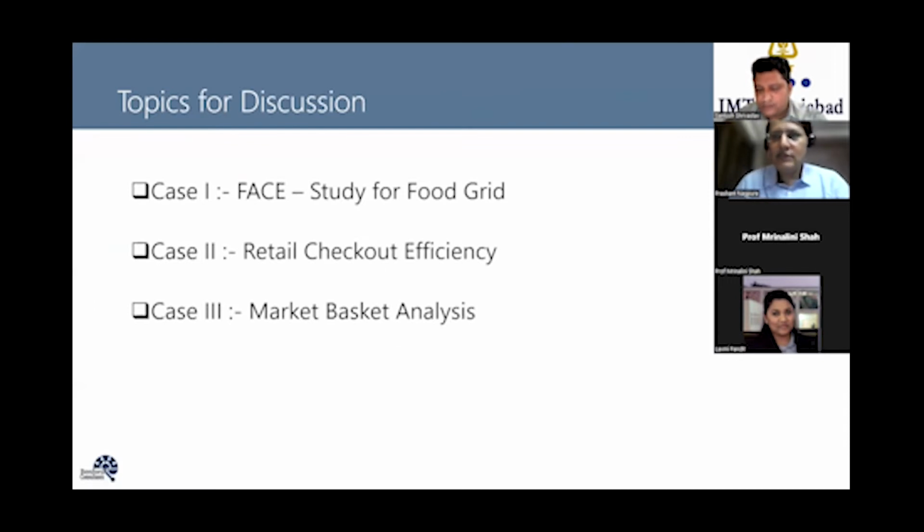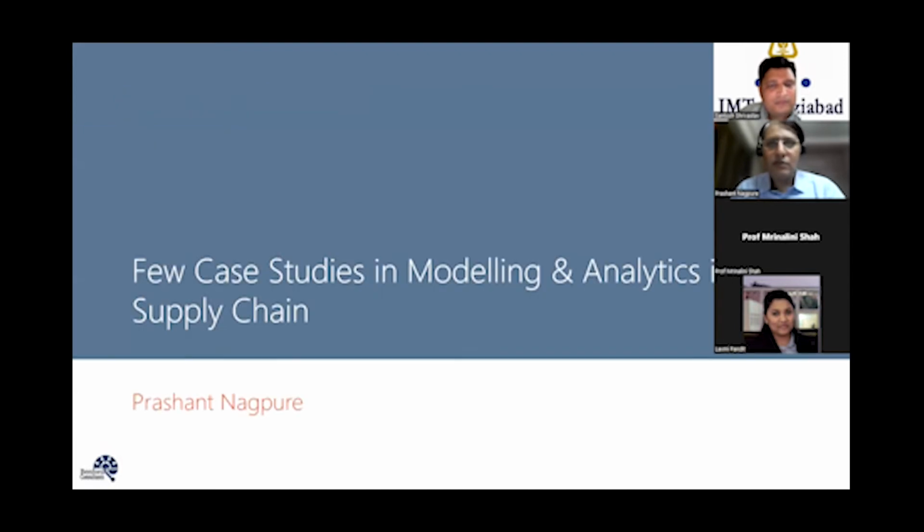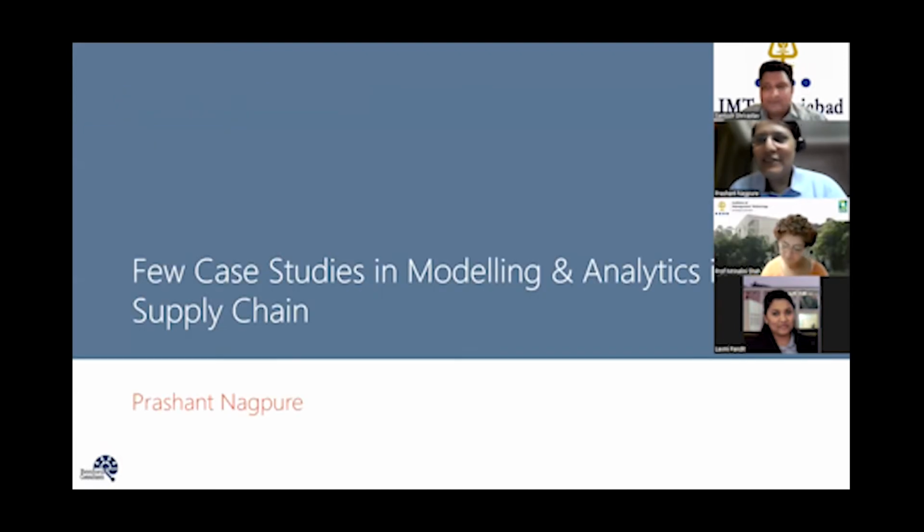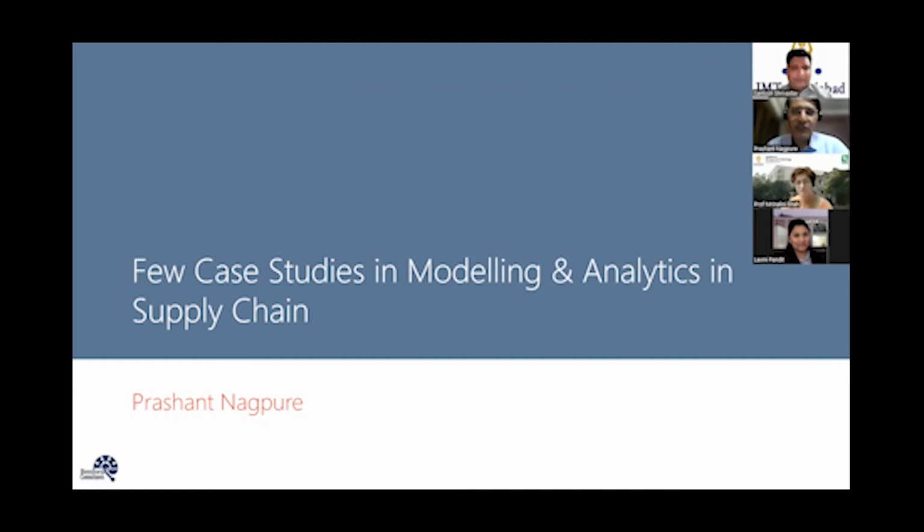Rather than short cases, I changed the term to a few cases. The reason I changed the word short to few was that they were vast in scope in terms of implementation, complexity, and the stakeholder engagement that was required to do these projects.